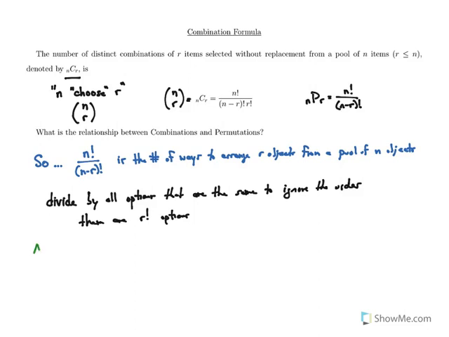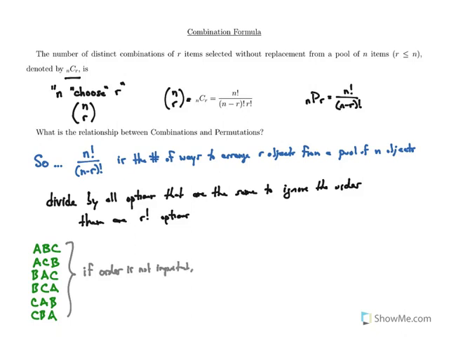If we had 3 things, for instance, ABC, ACB, BAC, BCA, CAB, and CBA. These are all the options of 3 things arranged in order. That's 3 factorial. If order were not important, all of these are the same.